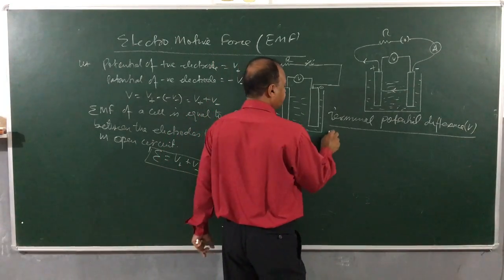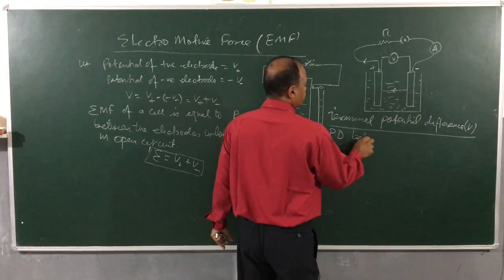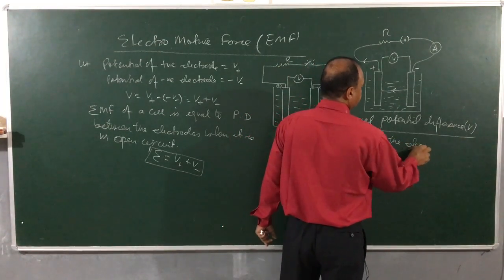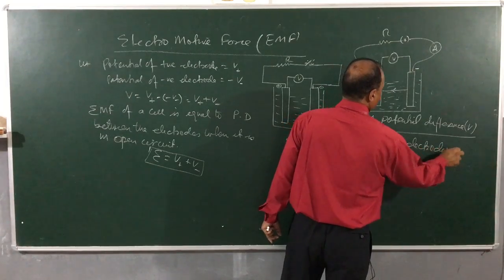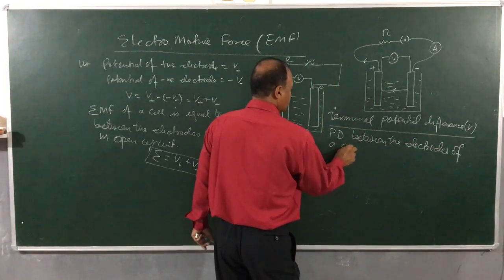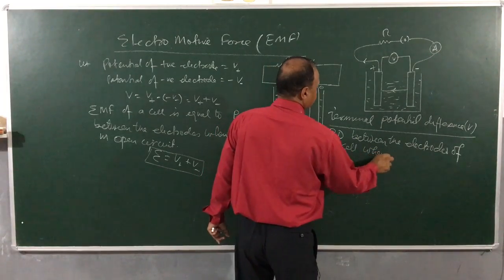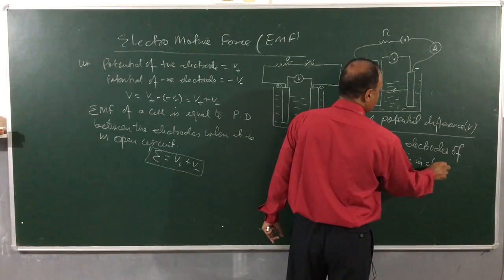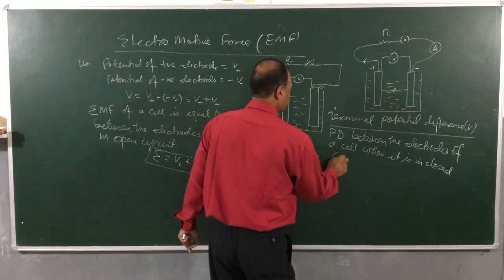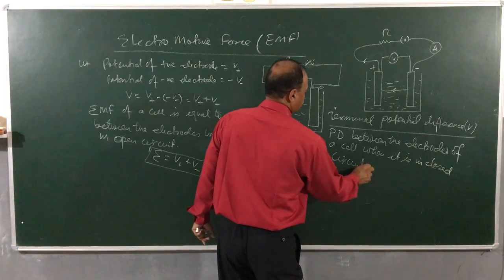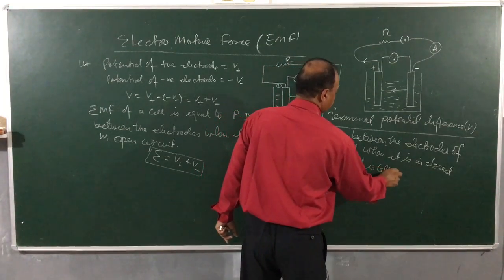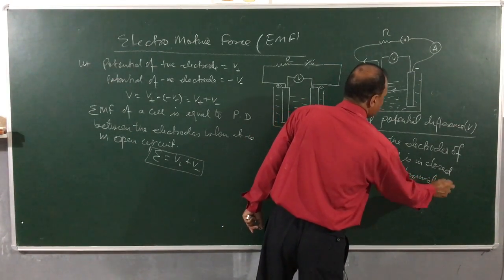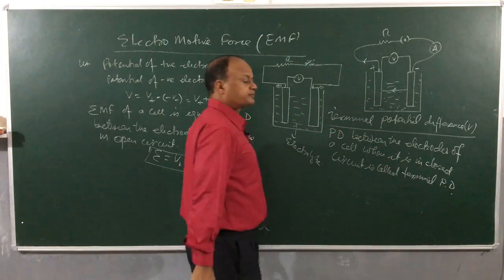So, we will say like this: potential difference between the electrodes of a cell, when it is in closed circuit, is called terminal potential difference.